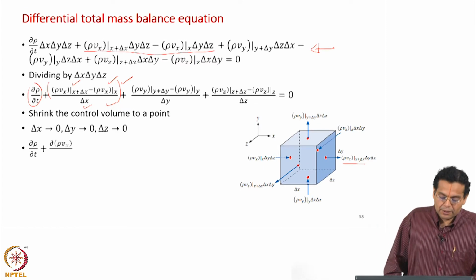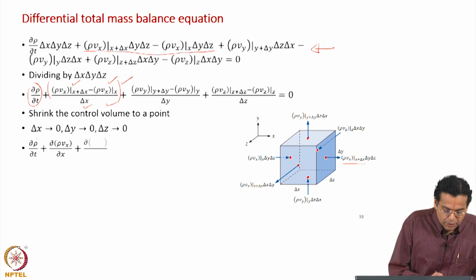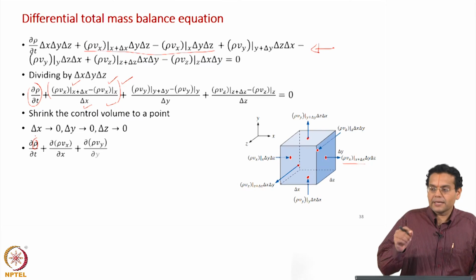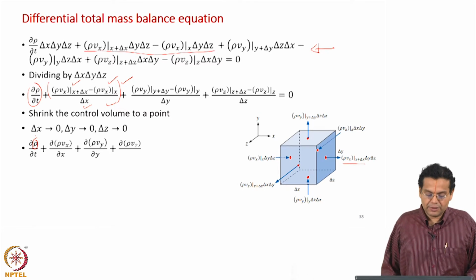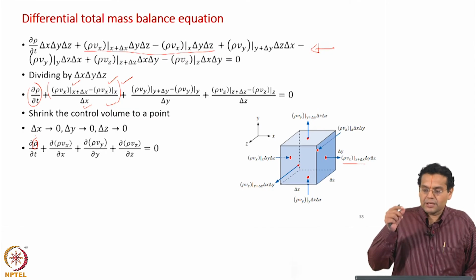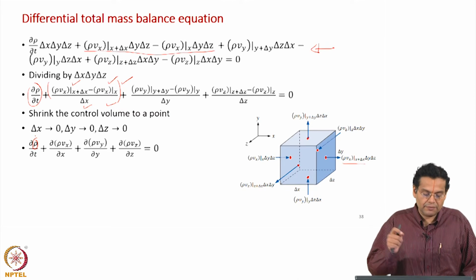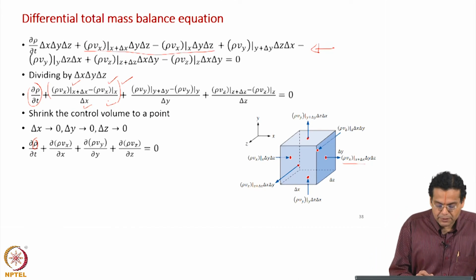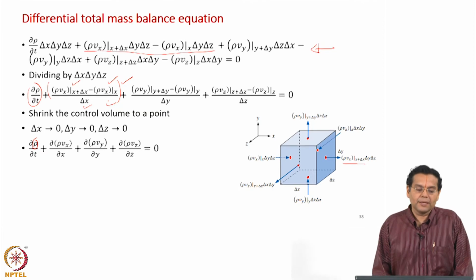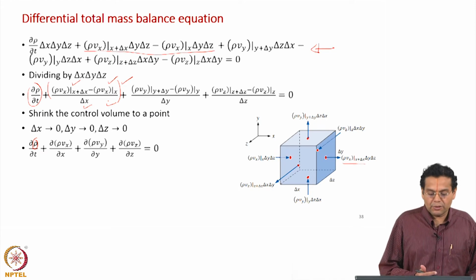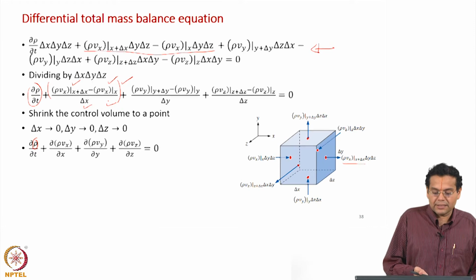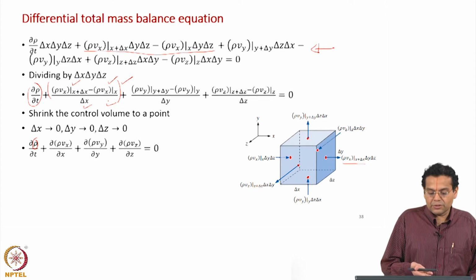Dou rho by dou t. Now, remember rho is an instantaneous value anyway, we are writing all the equations at any instant of time. It becomes a point value at every location, let us say 1.1, 1.2 centimeter, 1.3 centimeter, every location you have a density. Now, what happens with the second term? Of course, very obvious, limit delta x tending to 0, some function at x plus delta x minus at x gives you the derivative.